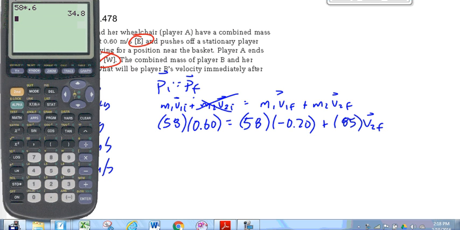So we're going to add 58 times 0.2. Do you guys see why I'm adding that? It's a negative on the right-hand side, right? So I've got to take it to the left by adding. Let's divide that by 85. If the algebra there didn't make sense to you, just let me know and we'll go through it in more detail, okay? We end up getting 0.55 meters per second.